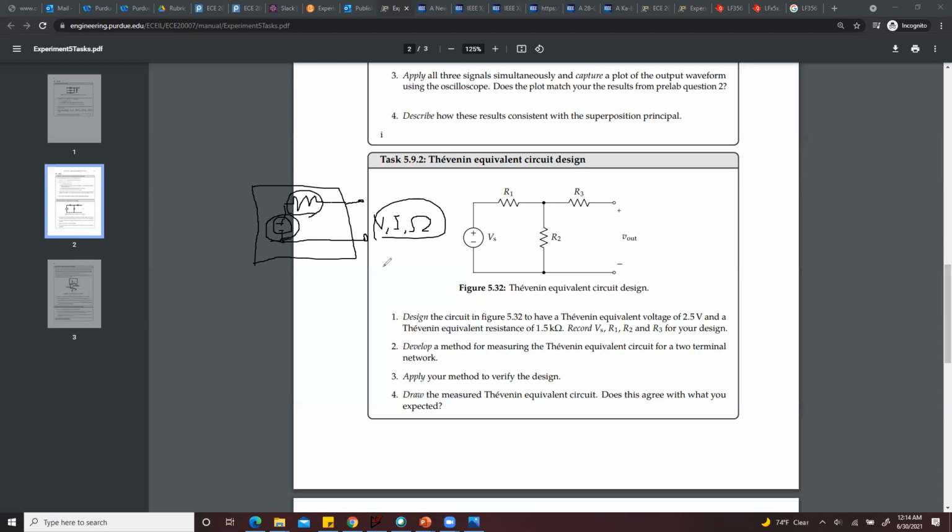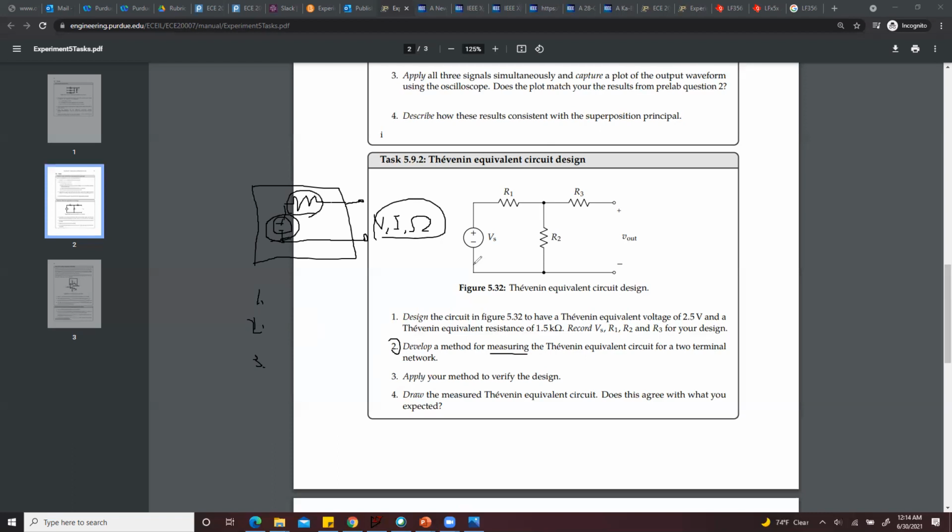What I want you to write down here is a step-by-step method, like 1, 2, 3, so that when another student checks your answer for this question, he or she can follow your steps to do the measurement. So that's question number 2.